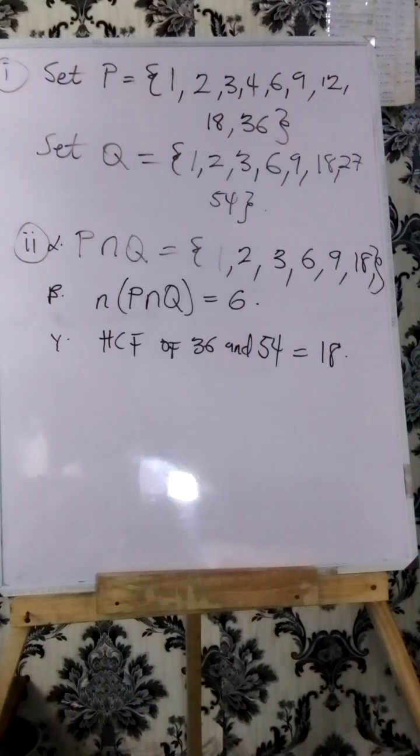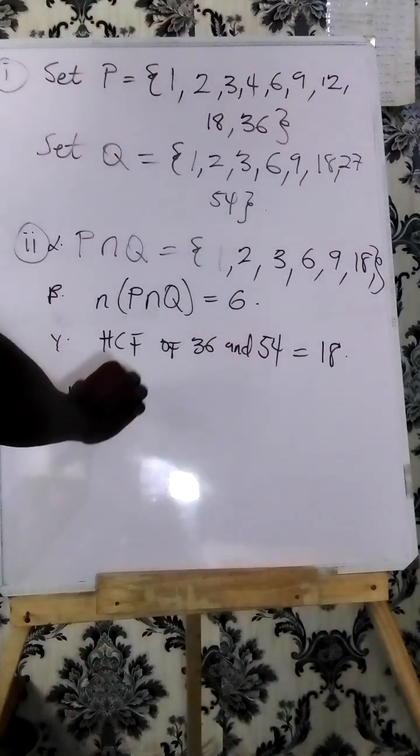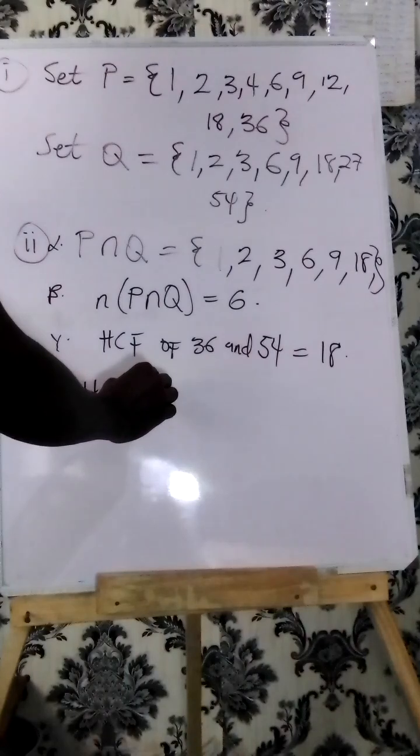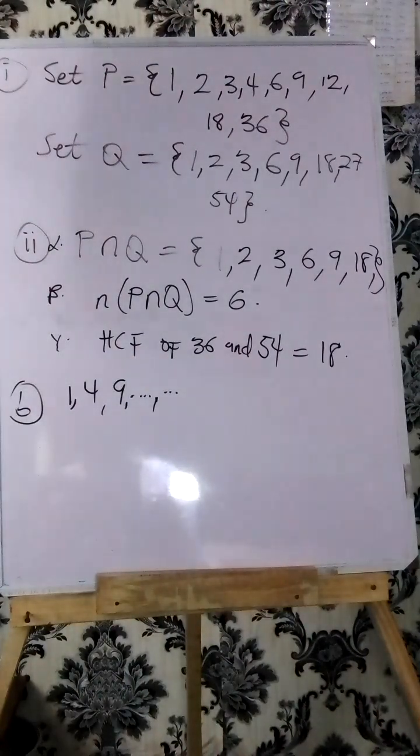And question B says we should write down the next two terms of the sequence 1, 4, 9, and we continue in that order. So how do we know the next two terms?